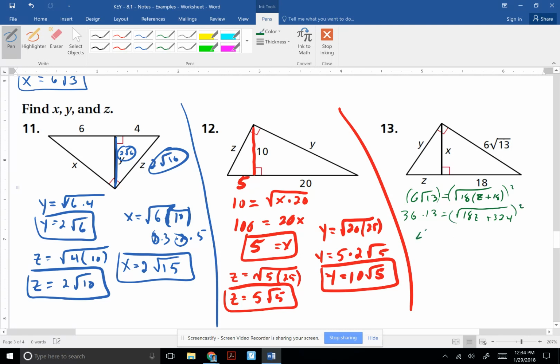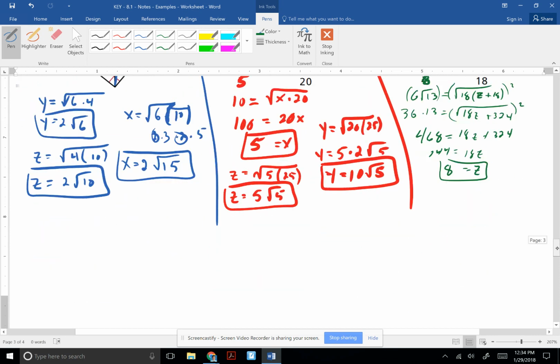So this is going to be 468 equals 18z plus 324. And we get 18z equals 144. So z is just going to be 8. It's 8. I lied the whole time. So this z is 8.